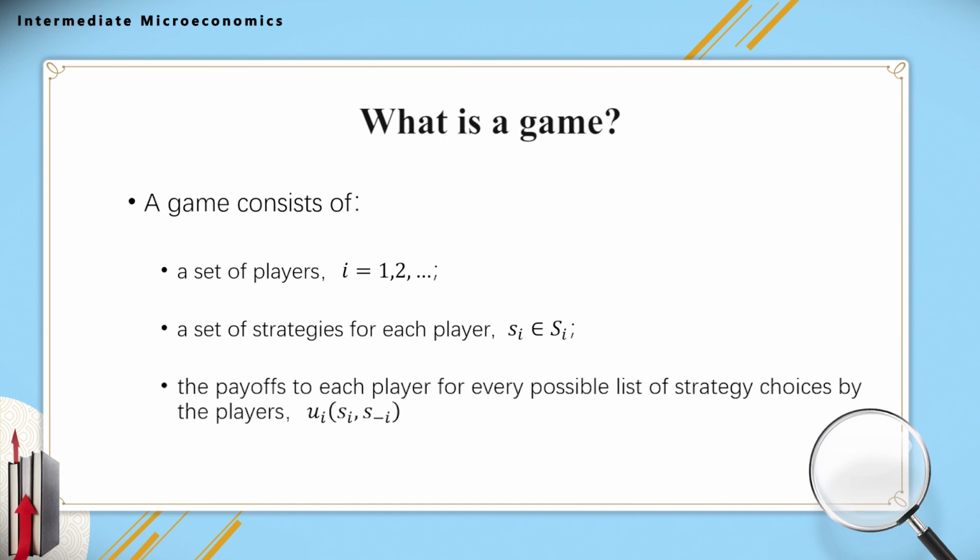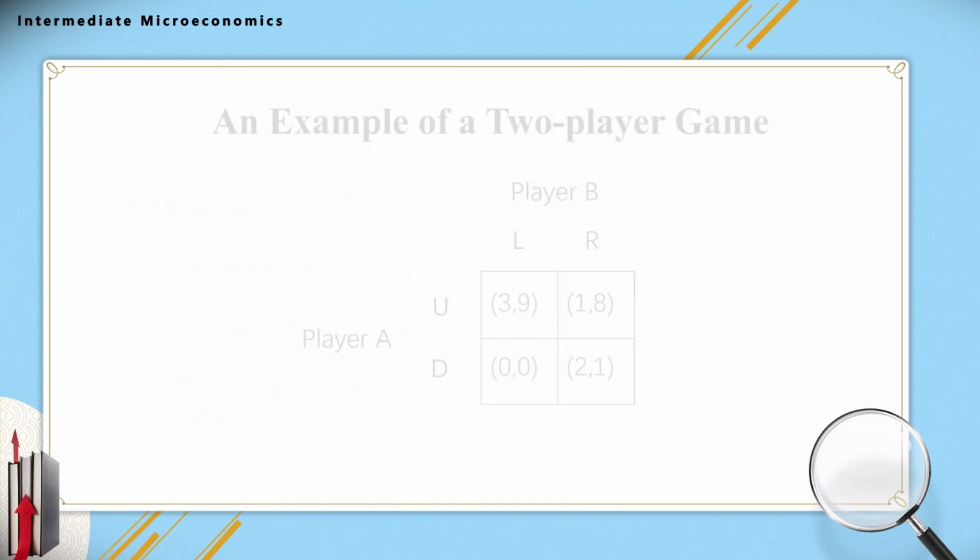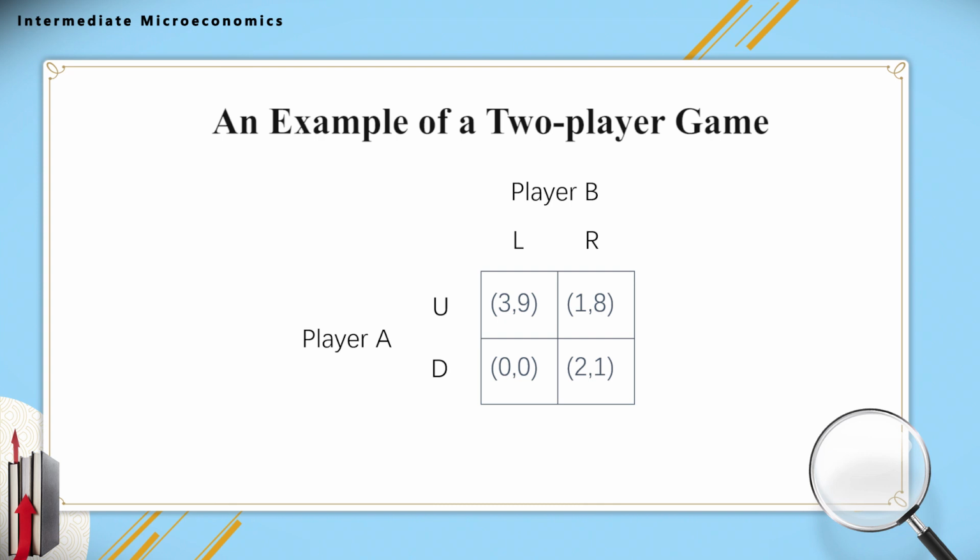First, let's look at an example of a two-player game. Suppose there are two players, player A and player B. Player A has two strategies to choose from, up and down. Player B also has two strategies to choose from, left and right. There are four combinations of strategies in total. We usually use a matrix like this to show a game.